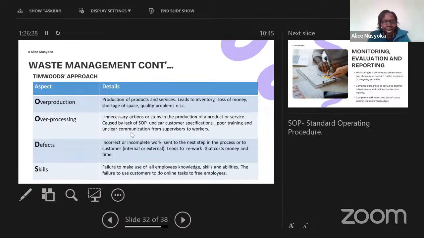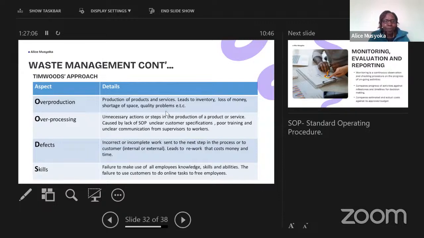And if we are looking at the aspect of finances or inventory, we are looking at leads to inventory. That is overproduction, which would lead to, if it is on matters of inventory, you realize if goods and services are oversupplied, then we have a problem also there of storage.